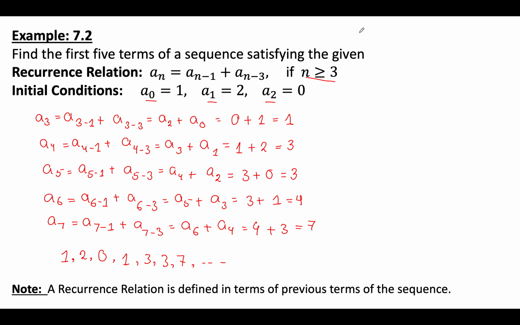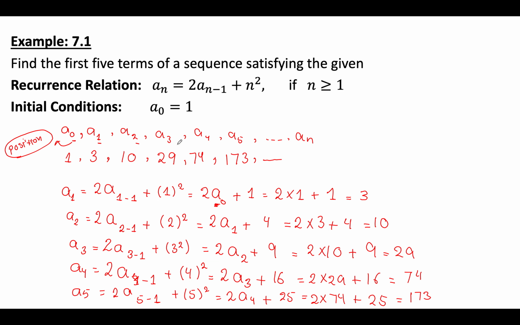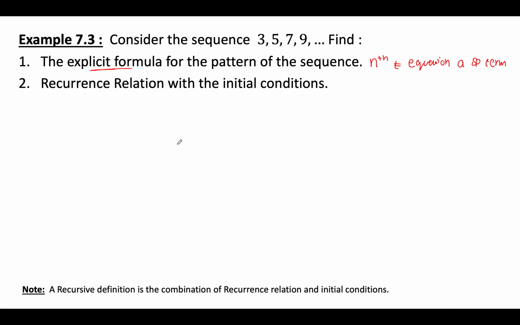For example, here, if I couldn't find the value of A4, then I'm not able to find the value of A5, because this term affects the next term. And this is what we know as the recurrence relation. However, the explicit formula, or the nth term, is the equation of a specific term.